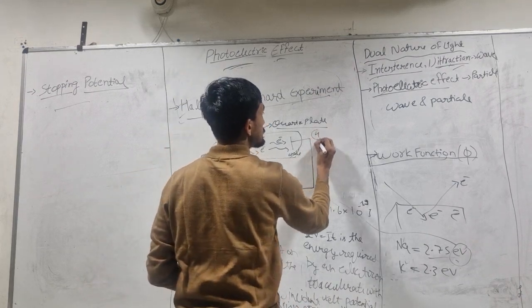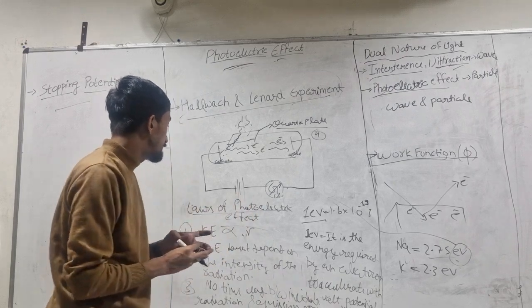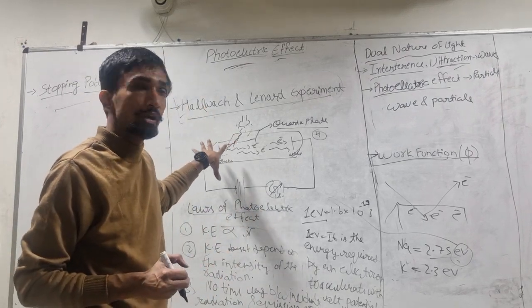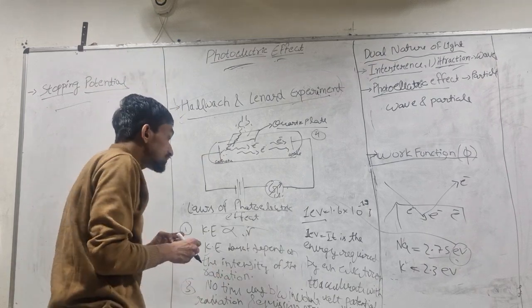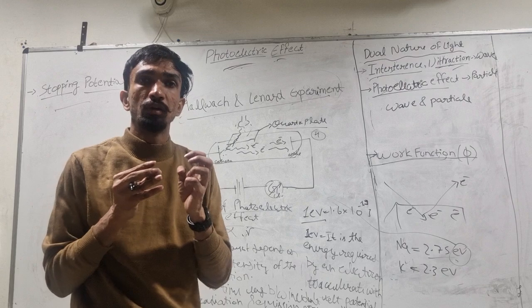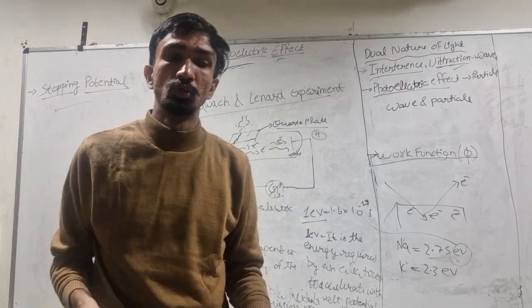And the fourth one is that when we incident rays on this cathode or this emitter plate, the electrons are not directly emitted. They need some kind of frequency to emit electrons.